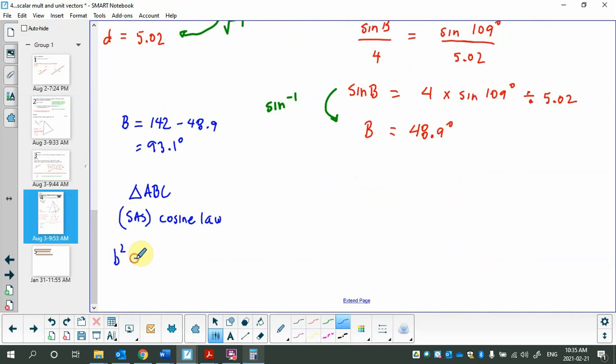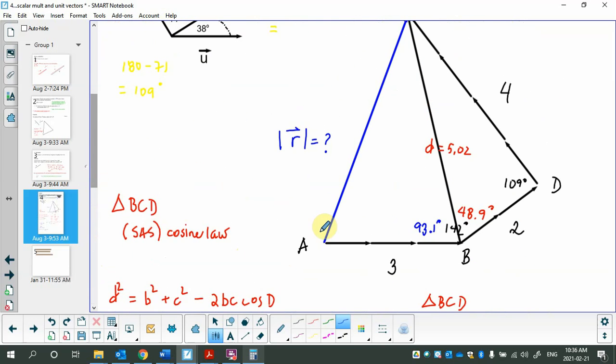Little b squared equals little a squared plus little c squared minus 2, always, ac times cos big B. This letter corresponds to this letter. All the other ones fall in between. Starts very Pythagorean theorem-like. So b squared equals, so A is across from big A, so that's the 5.02, regardless of what it's labeled.